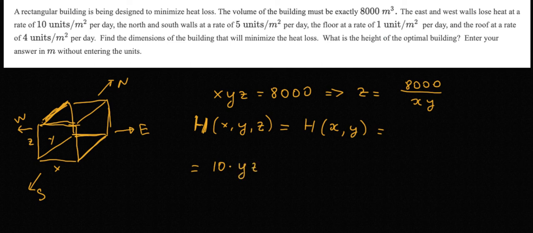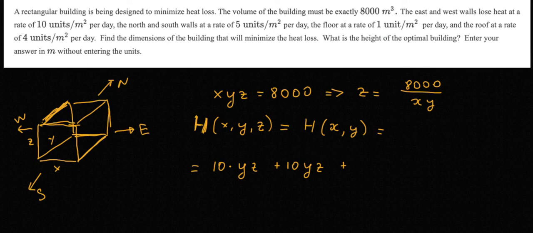Now y times z is the area of the west facing wall. Likewise, we'll have plus 10, again, y times z. The dimensions of the east facing wall are exactly the same. It has the exact same area, so again, plus 10 times yz.